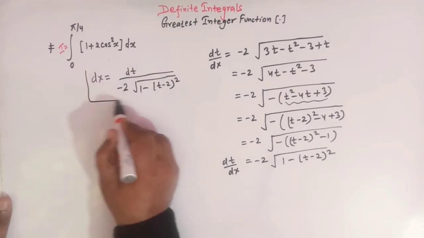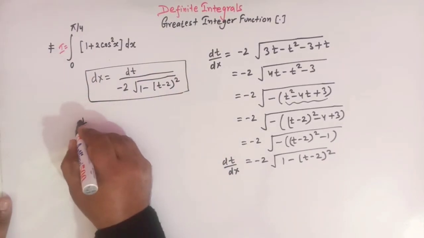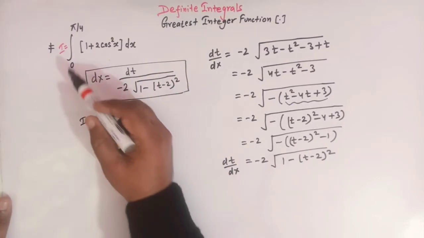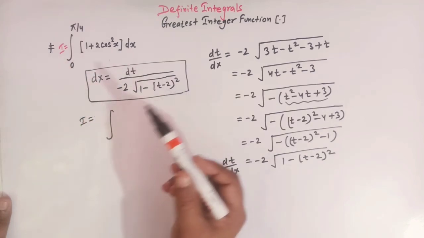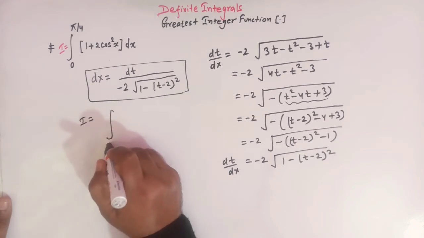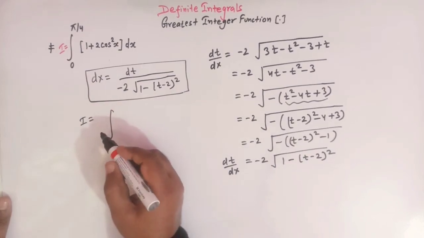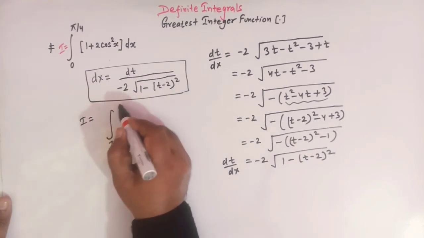Okay, so now we have this expression, and now we can rewrite our integral I. See here, when x is 0, the value of t was 3, and when x is pi by 4, the value of t was 2, right?